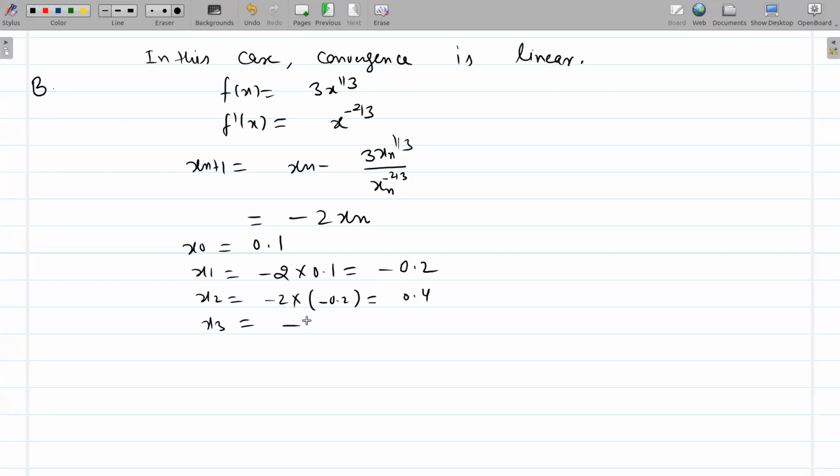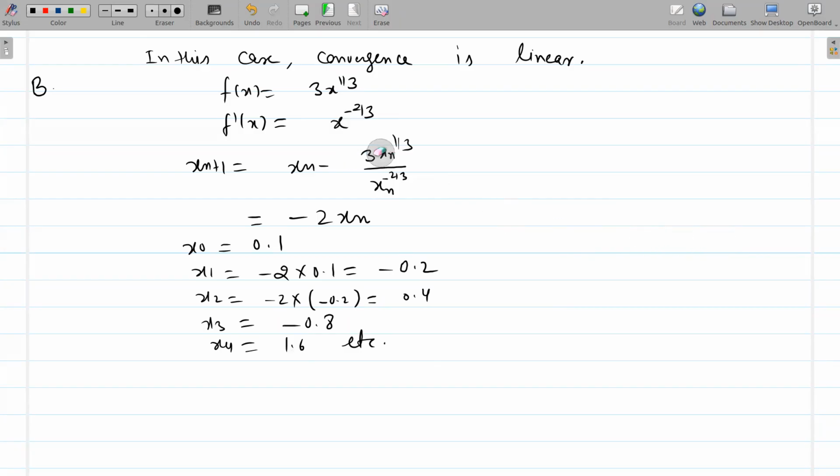Then x3 is minus 0.8, x4 is 1.6, etc. And in this case, the root is 0, same, but the answers are 0.1, 0.2, 0.4, 0.8, with plus minus signs, 0.8, minus 0.8, 1.6. So the answers are increasing either on the negative side or on the positive side. So you have a root here. Some answers are going to the positive side, some to the negative, so you are going away.